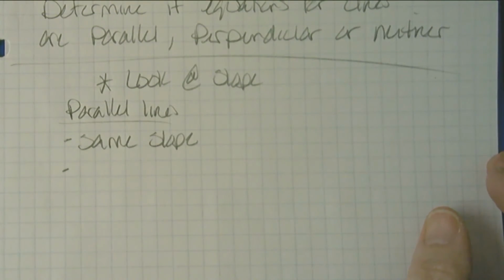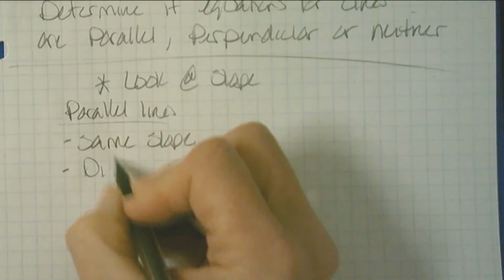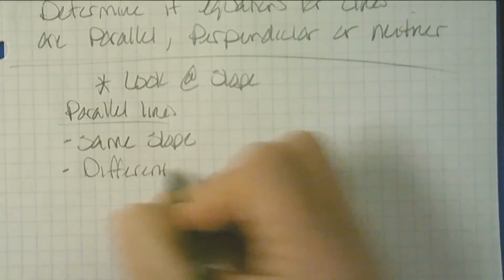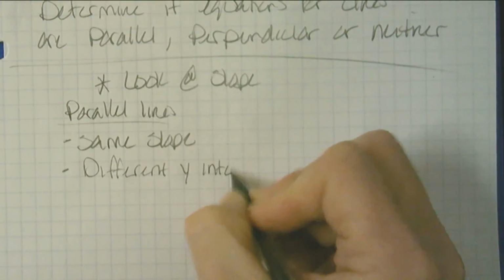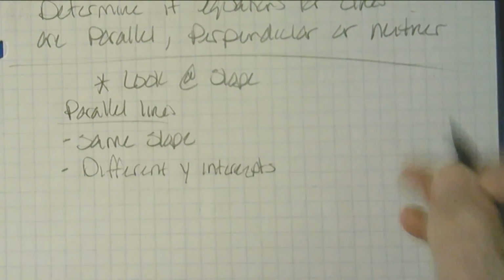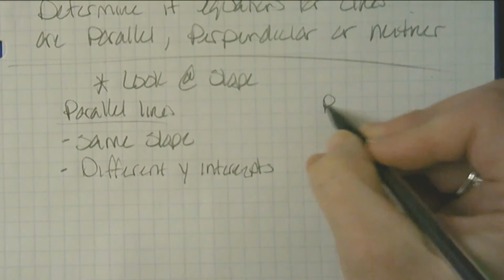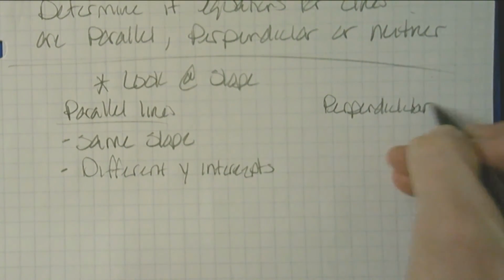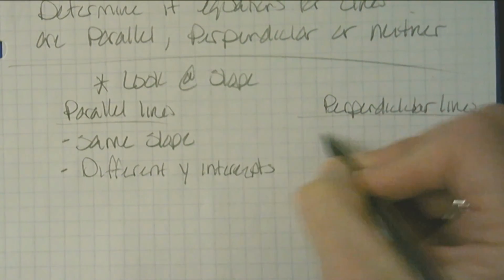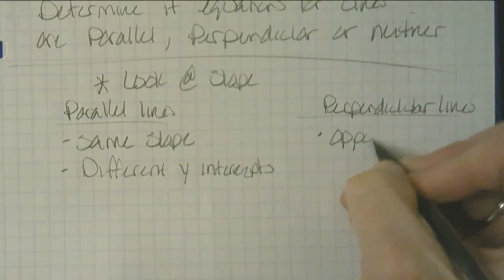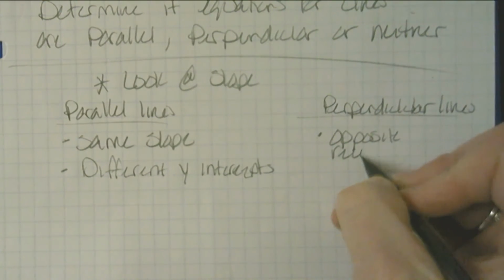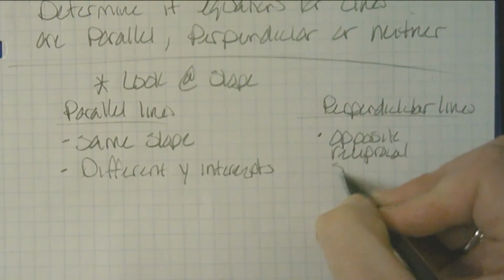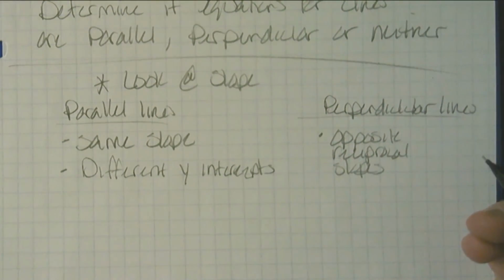Natalie? They're different y-intercepts. When we have perpendicular lines, we have opposite reciprocal slopes. That's all we're looking for.